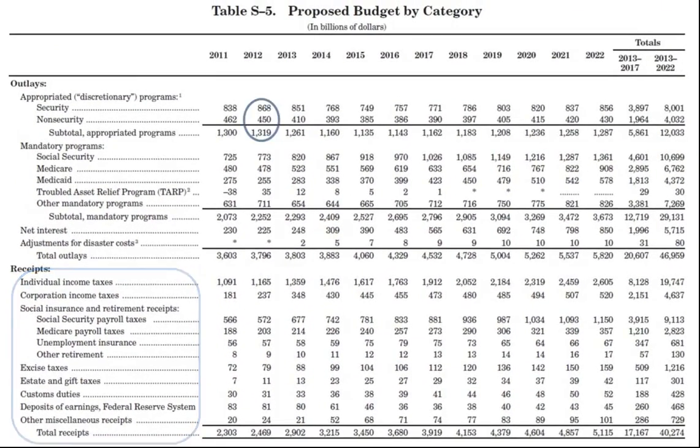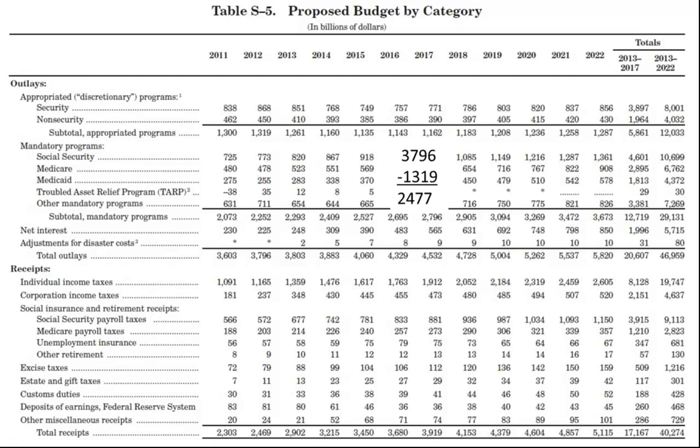Now, what we want to focus on is right up here. This is 2012. If we take the $1,319,000,000,000 of discretionary funds and figure out what amount that is of the total outlays, all we do is subtract the 1319 from the 3796, and we get 2.477, or $2,477,000,000,000.